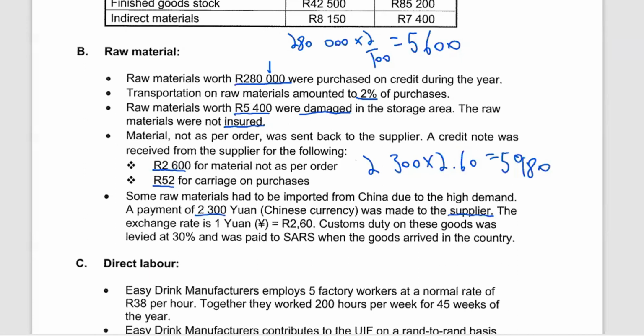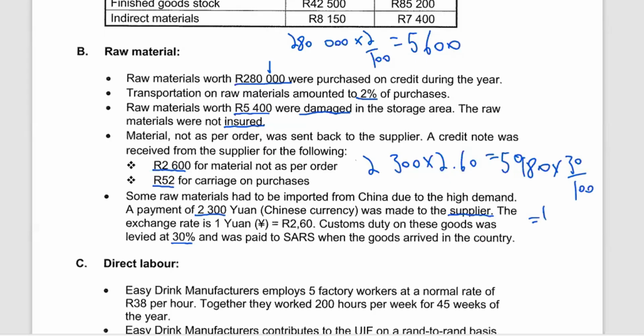Custom duties on these goods were levied at 30% and were paid to SARS when the goods arrived in the country. So we bought goods for 5,980. So now the tax is 30% import duties. So you're going to say 5,980 multiplied by 30 divided by 100.